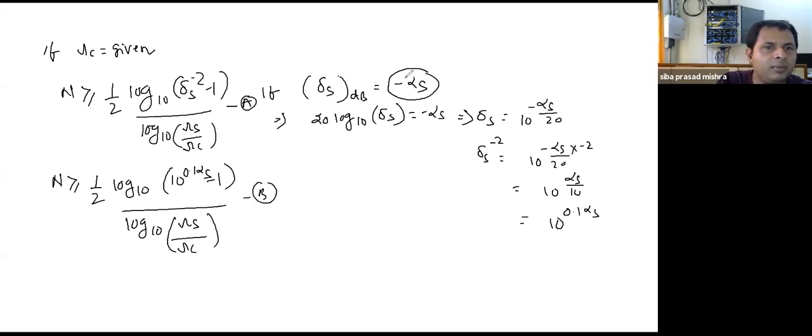Now these two formulas are very important. If omega c is given, that was the first case. The next case is if omega c is not given, then how do we find the order of the filter?